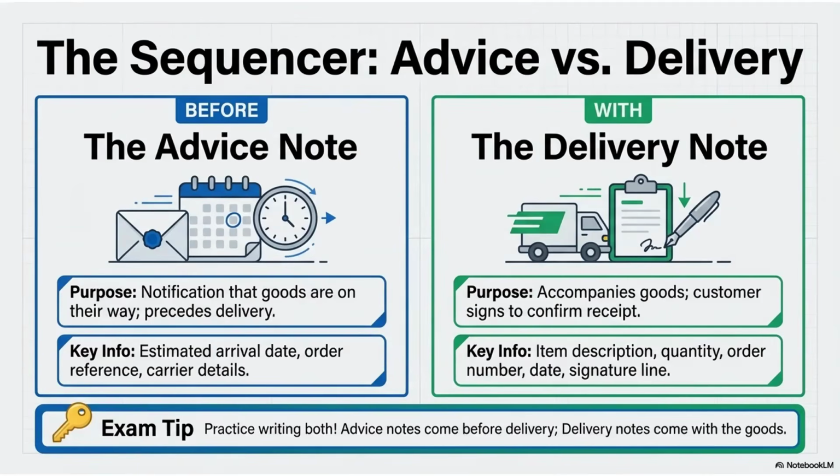Delivery note, the goods have been delivered, so you have to sign saying that you have received the goods and they were delivered. Everybody good with the difference? Yes, sir. Alright.